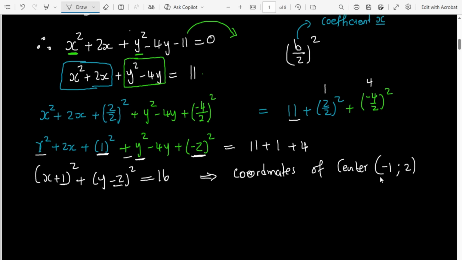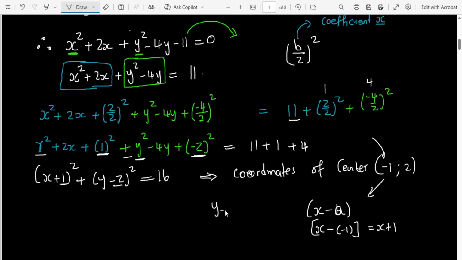Remember, if we substitute into the equation form, we'll have x minus a. So this will be x minus a into minus 1. And this gives us what? This gives us x plus 1. So you understand where the x plus 1 is coming from. So the center will be negative 1 and positive 2.